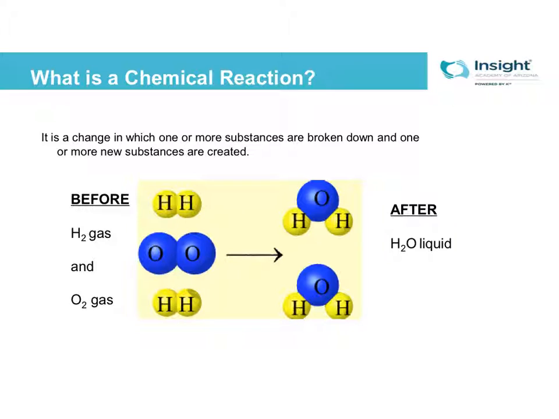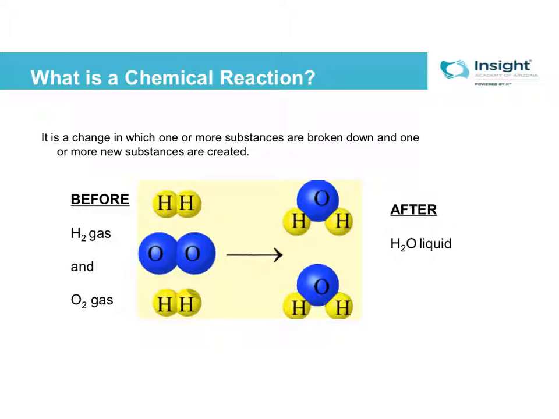If you recall back to Unit 1, we talked about physical changes and chemical changes. Chemical changes can only be observed during a chemical reaction. A chemical change results in an actual change in the chemical makeup of your matter. A chemical reaction is anything where you take some substances and break them down and build new substances.